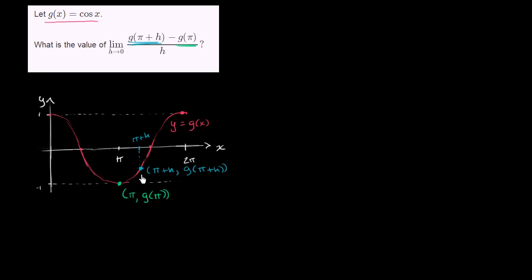What is the change in the vertical? Well, we'll take this y value here, g of pi plus h, and subtract this y value here, minus g of pi. That's our change in the vertical over the change in the horizontal. Well, what is that going to be? That's going to be pi plus h minus pi.